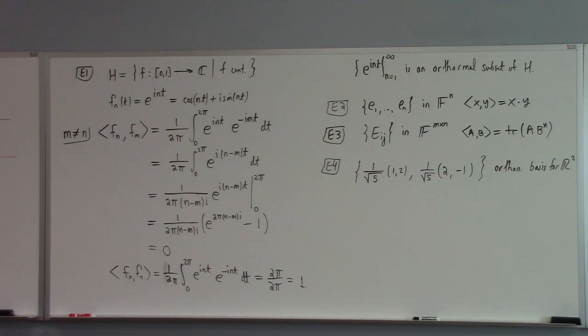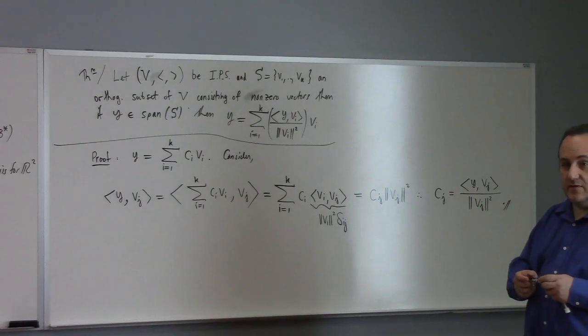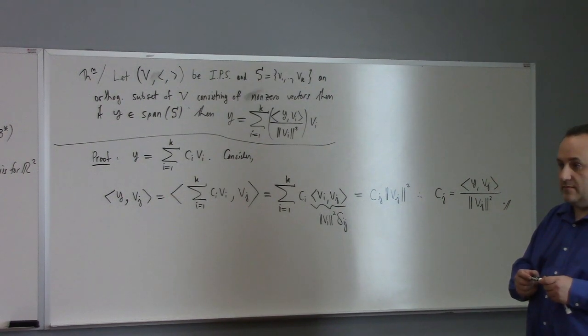So therefore, cj is equal to the inner product of y with vj divided by the length of vj squared. Now why can I divide by the length of vj squared? Why is that legitimate? What if the scalar is 0? Defined to be non-zero. But that's not the vector, that's the length of the vector.